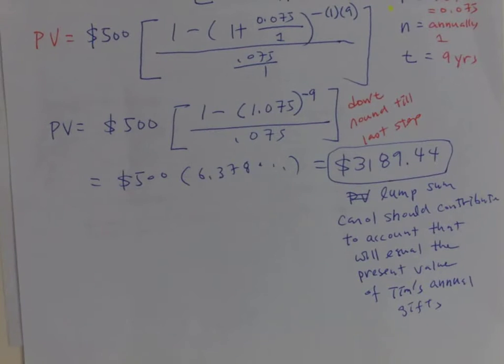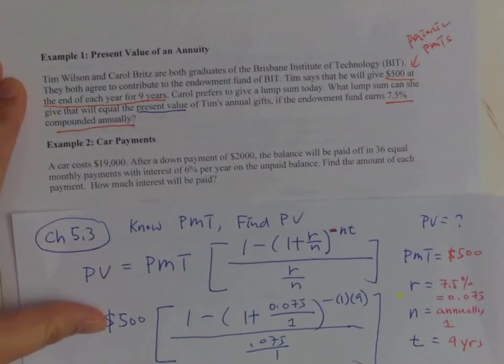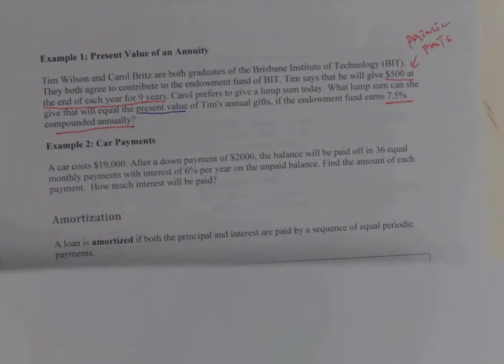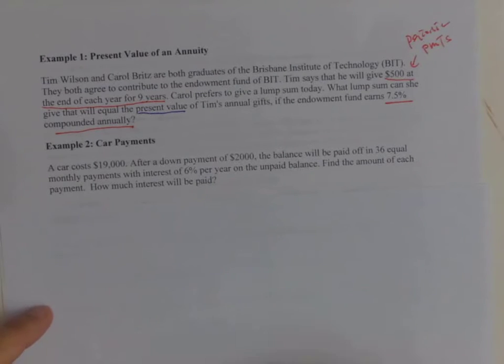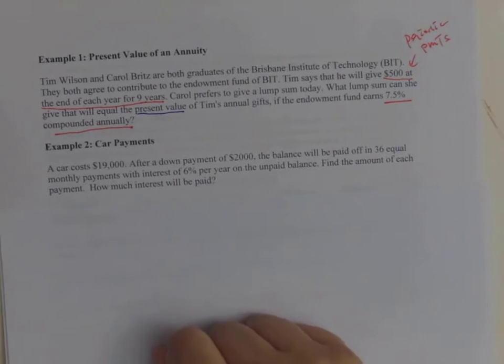If you need to pause the video and write down some information, feel free to do it. Okay, number two is about a car payment. We have a car that costs $19,000 after a down payment of $2,000. Normally the dealer wants you to put down some money before you take the car.